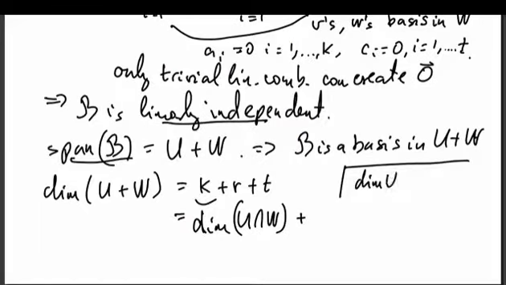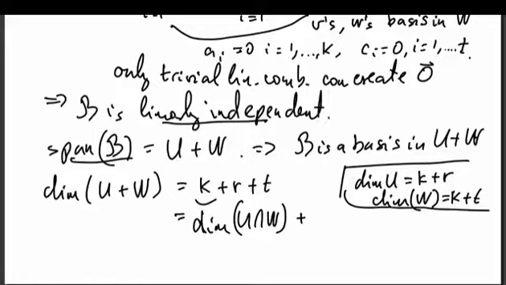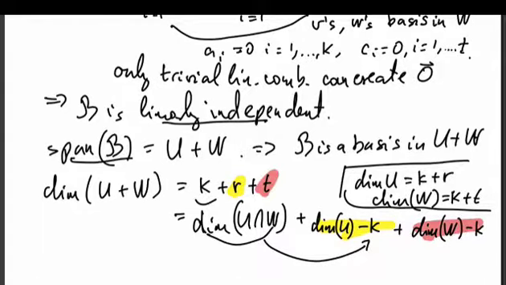The dimension of U was k plus r, the dimension of W was k plus t. So then we can solve each of these equations and get that r is the dimension of U minus k, and t is the dimension of W minus k. k is the dimension of U intersection W.